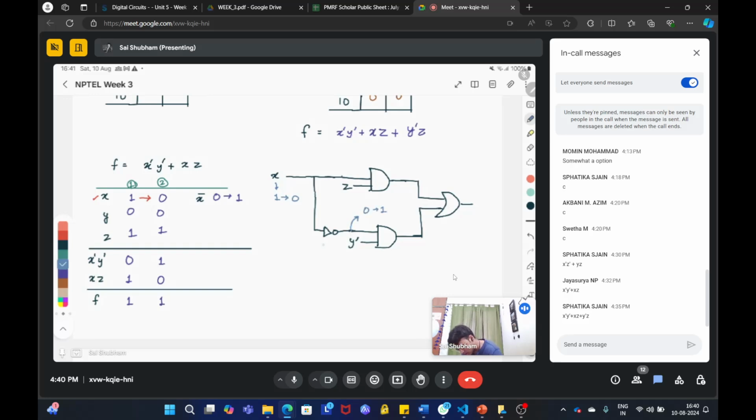But that is not the case, because here is an inverter which will have its own delay. So what will actually happen is that this will go from 1 to 0, but your x bar signal will take some time. It will remain at 0, and then it will go to 1. The reason behind that is that there is some delay in it. Now if you look at this expression, it has changed.